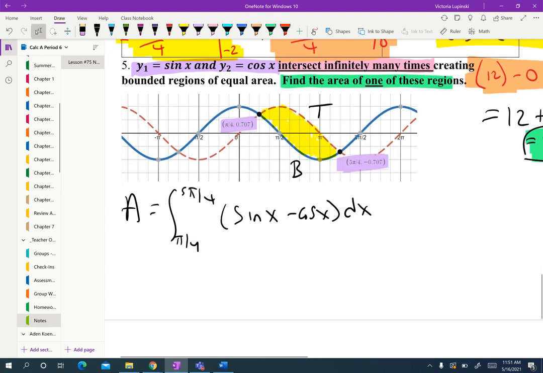Then you have to integrate, and if you need to use your formula sheet, by all means. The integration of a sine is a negative cosine minus the integration of a cosine is just a regular sine, and you're going to evaluate that from pi over 4 to 5 pi over 4.